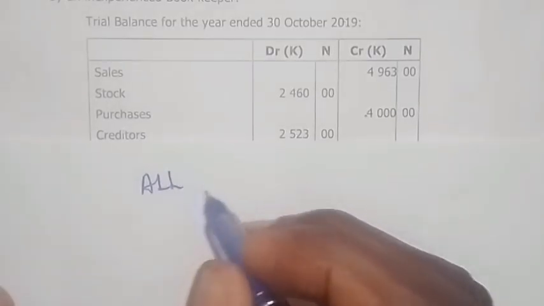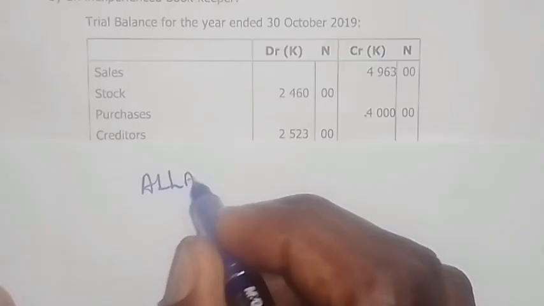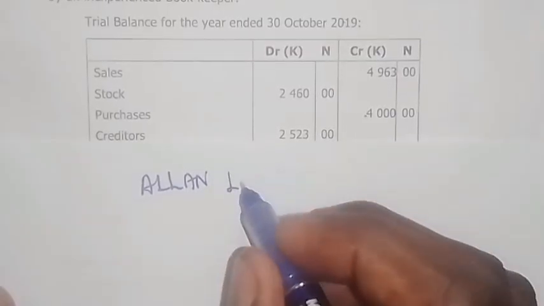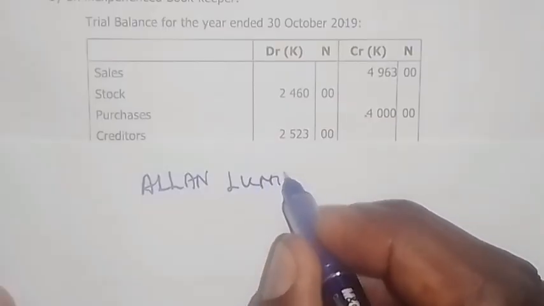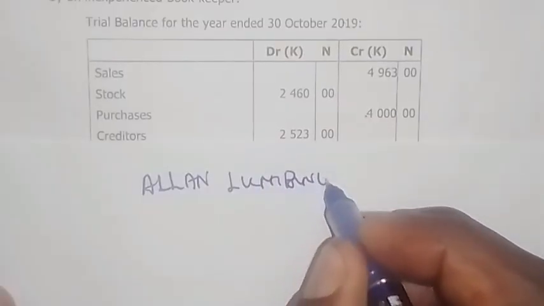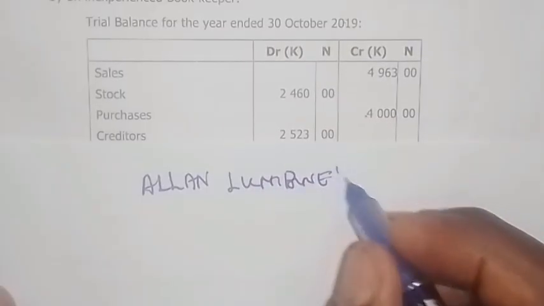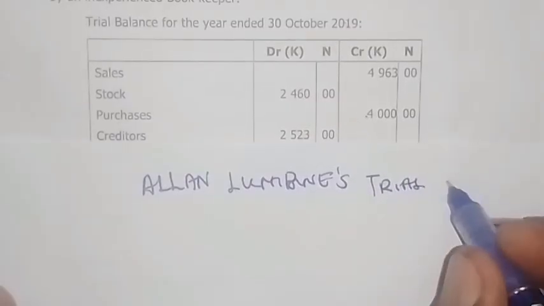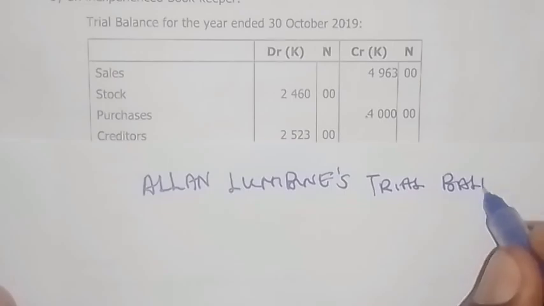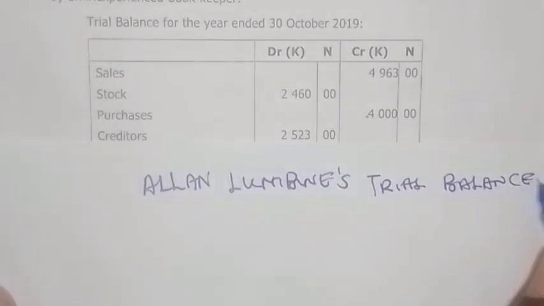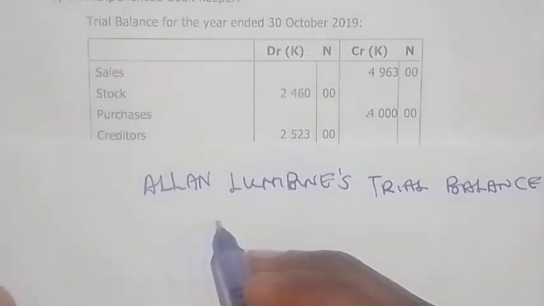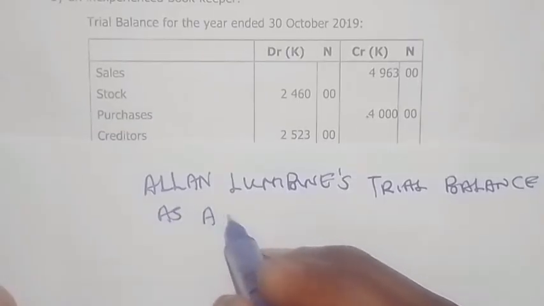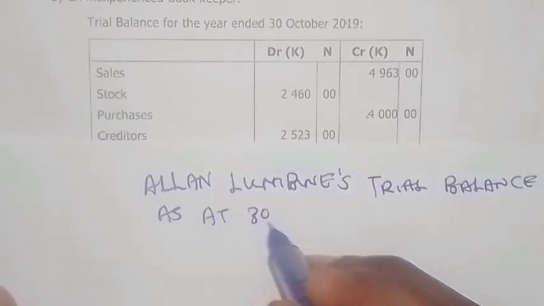So Alan Lumboy's trial balance as at 30th.